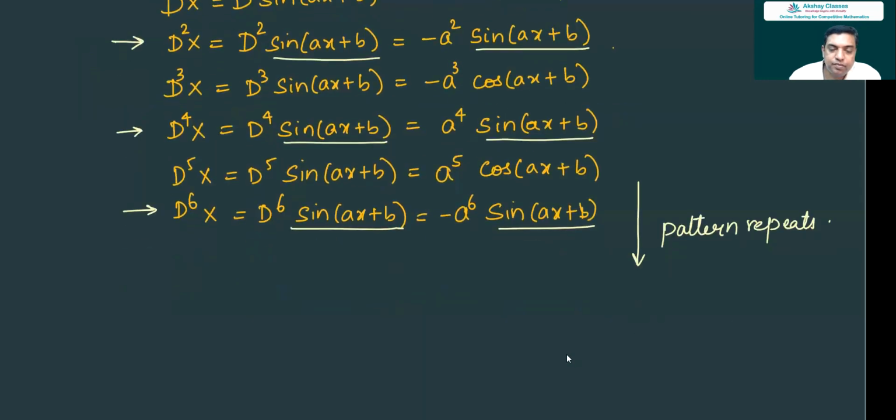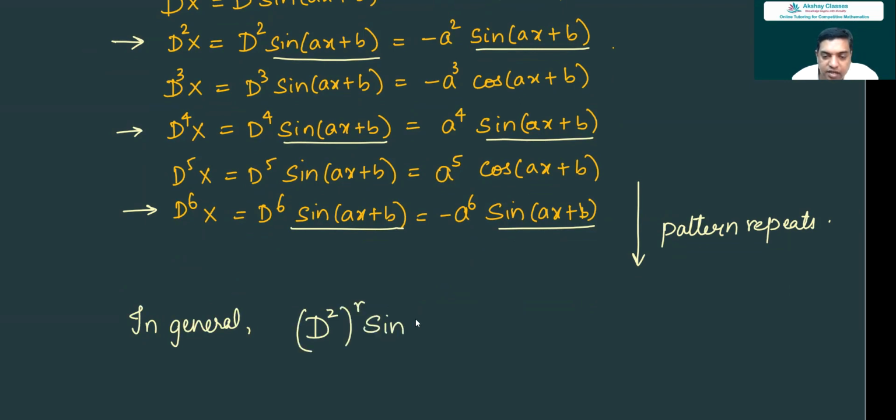So in general, d square to the power r of sine ax plus b is minus a square to the power r times sine ax plus b.